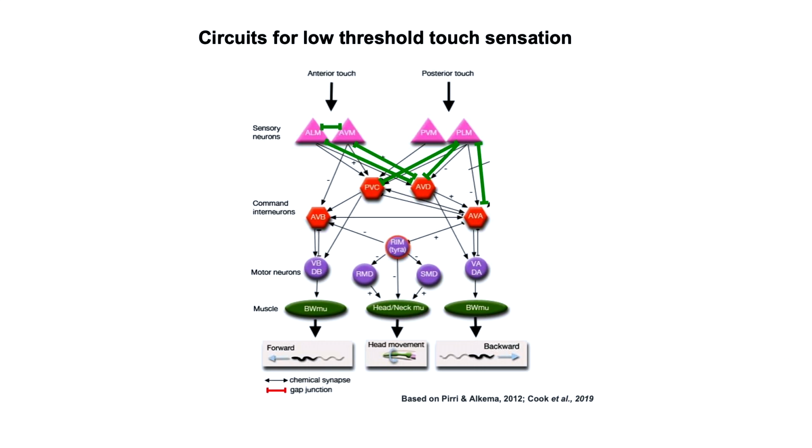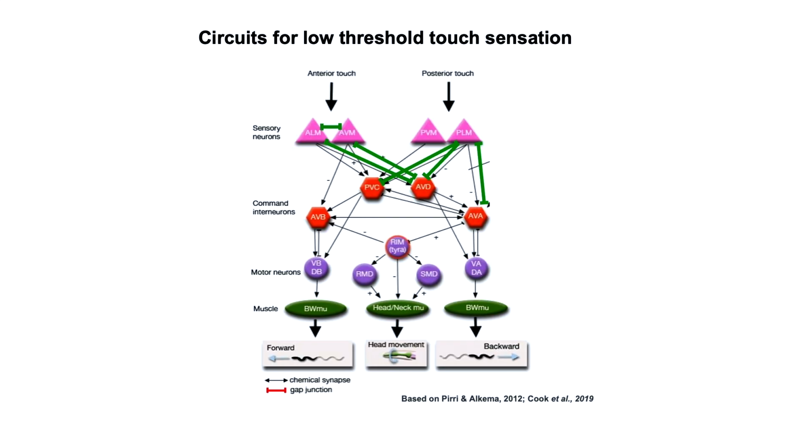So, you can think about a logical way of interpreting the circuit. If you touch a worm in the head, it needs to go back, so it will talk to the backward command interneuron. This is the anterior touch sensing sensory neuron, and this is the backward command interneuron circuit. So, this sensory input is going to the backward command interneuron and then backward muscles.